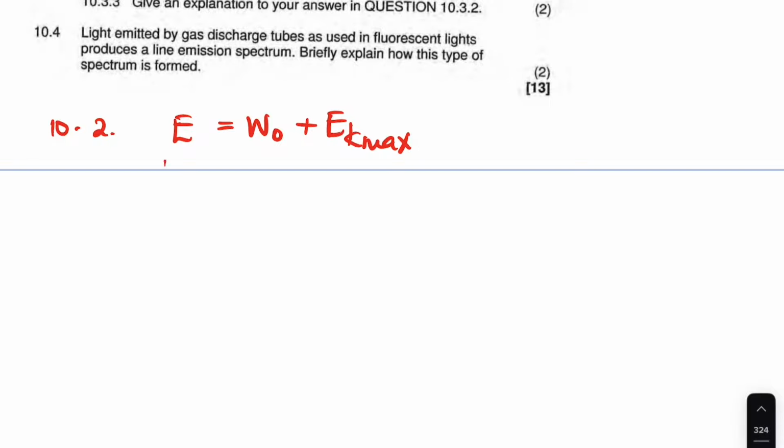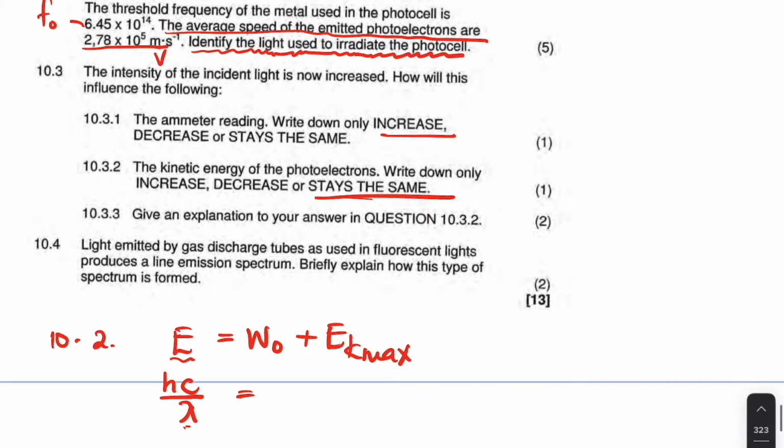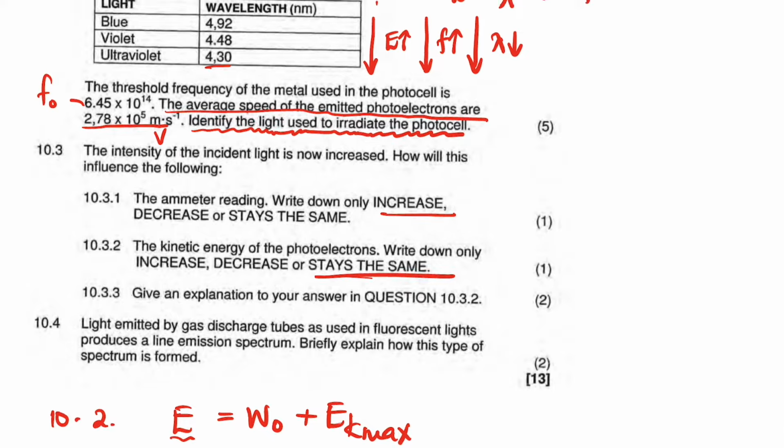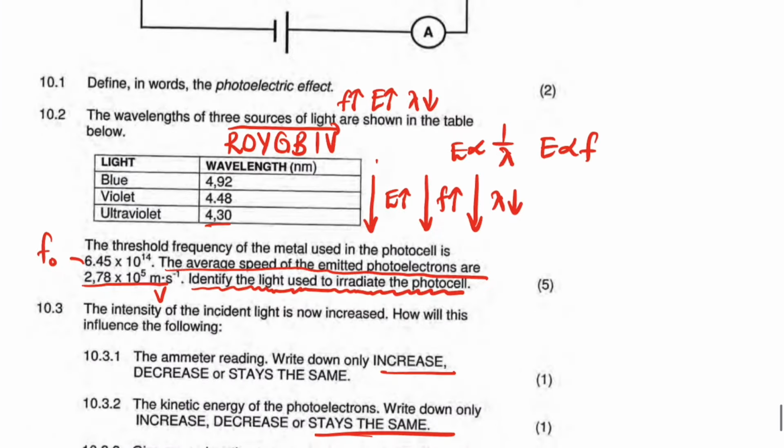So we're going to expand this into Planck's constant times the speed divided by the wavelength. This is the wavelength that we want. So the work function, are we given the work function? No, we're not given the work function, we're given the threshold frequency.